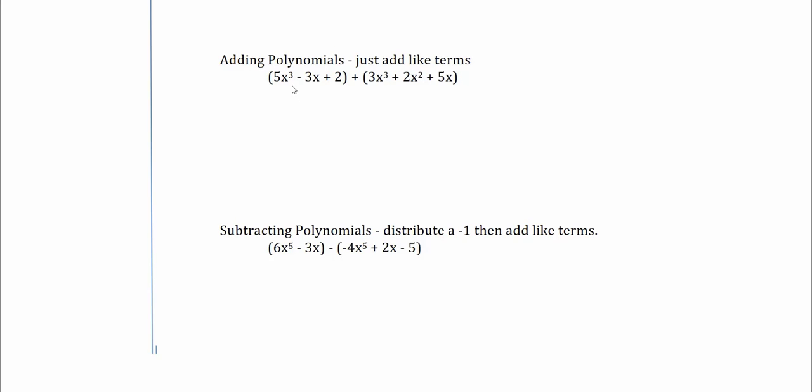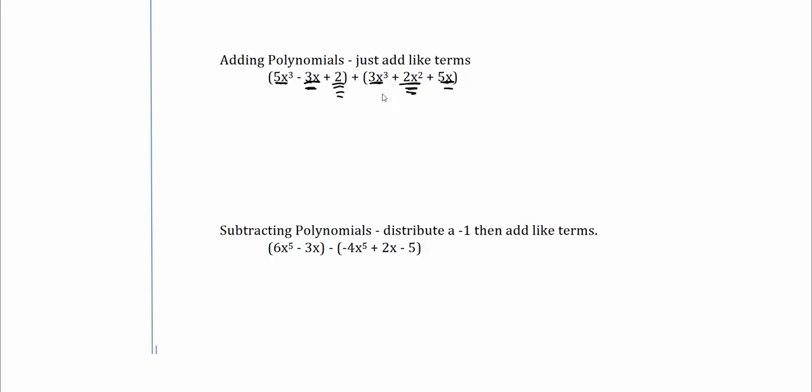So adding, because I have a polynomial and a polynomial with a plus sign, all I do is take the exponents that are the same. So this is the same as this. This one is the same as this one. This one is not the same as any of them. And this one is also different.